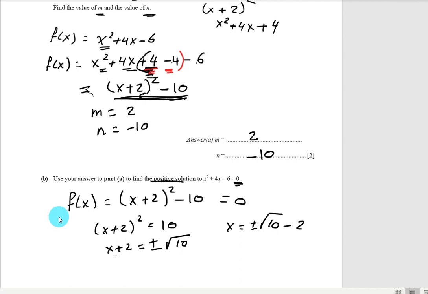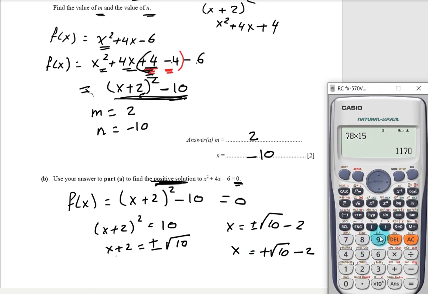Take into consideration that he looks for the positive solution. You don't want the negative solution. So x will be equal to plus square root of 10 minus 2. Let us find the answer.